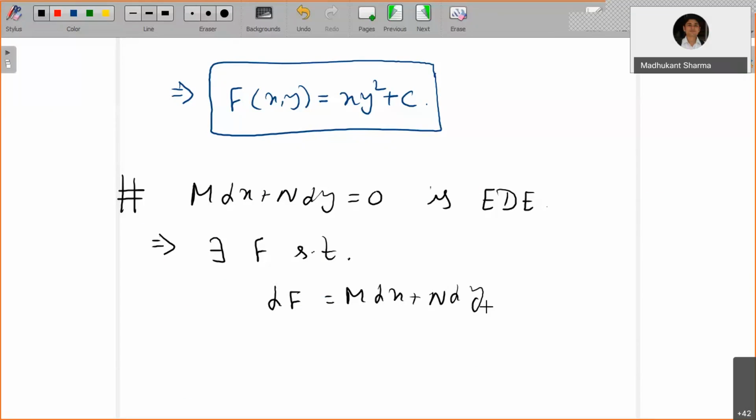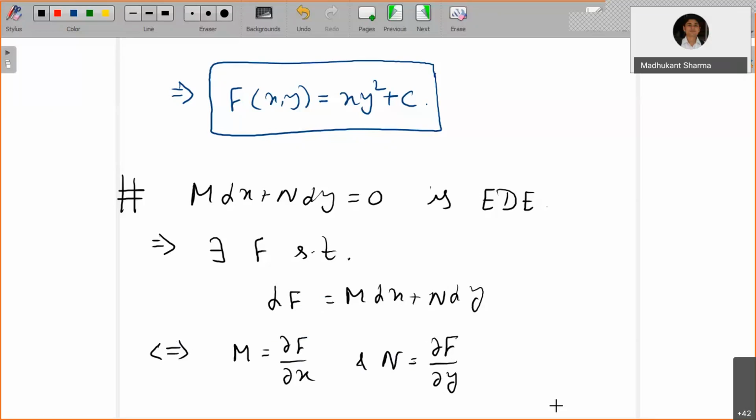So we certainly require a criterion before starting with all this. This is if and only if capital M equals ∂F/∂x, and capital N equals ∂F/∂y.